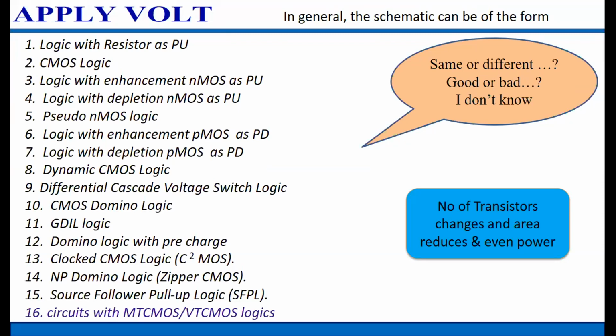getting my point? Why am I doing all these things? I wanted to change the number of transistors required to realize a logic. What is the advantage? If I reduce transistors, I can reduce area. If I reduce area, yes, I can reach VLSI, very large scale integration.